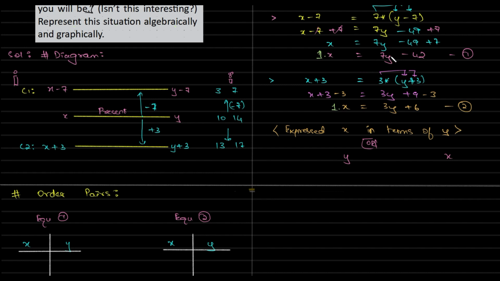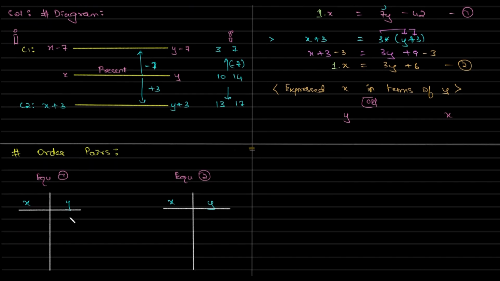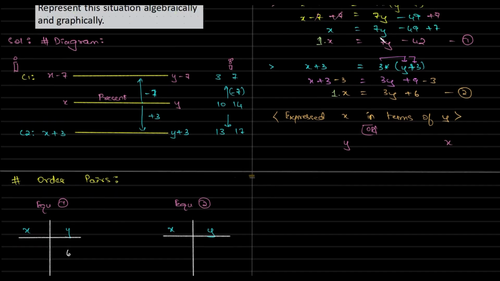So when I put y is equal to 0, I'll get x to be equal to minus 42. The thing is, it's not convenient to plot that minus 42. It's not on the graph. You have to compress the graph and all of that. It's better to take a much more convenient value like 6. If I take the value of y to be 6, it's much easier to get the x value, because 7 sixes are 42. 42 minus 42 is 0.